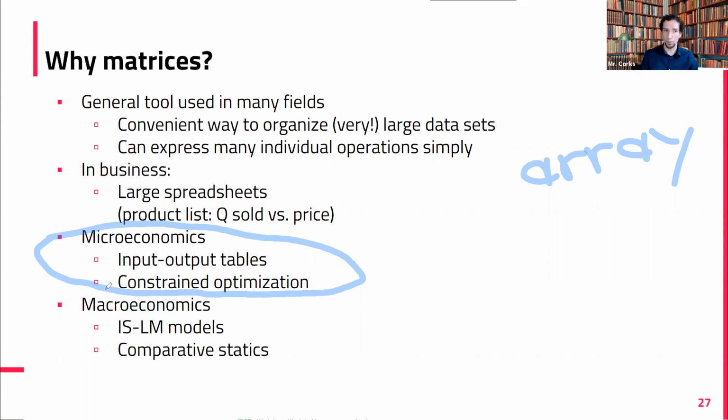We have talked about constrained optimization a little bit before. Macroeconomics as well, these things called IS-LM models or comparative statics. I'm not going to give a big explanation now, but they are widely used.